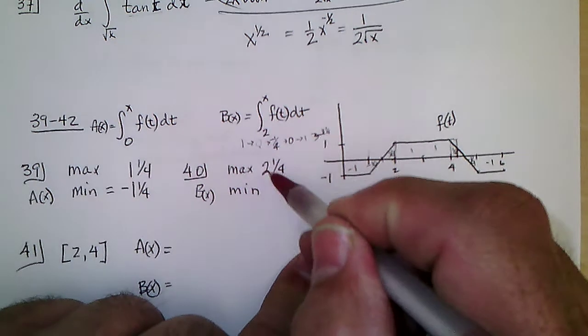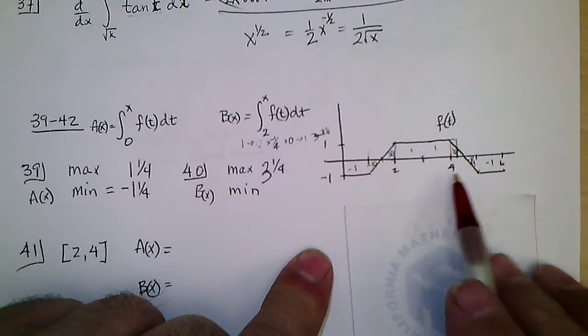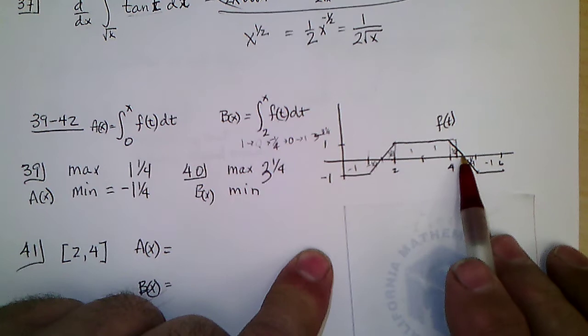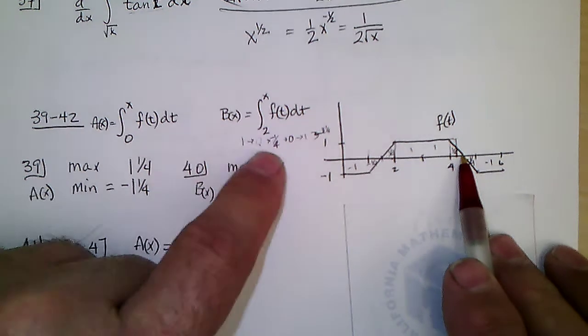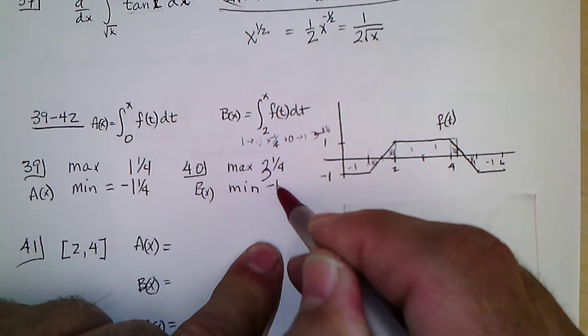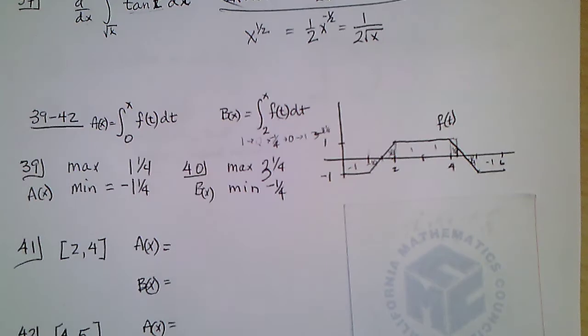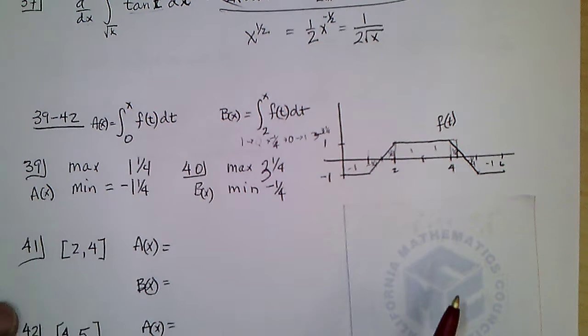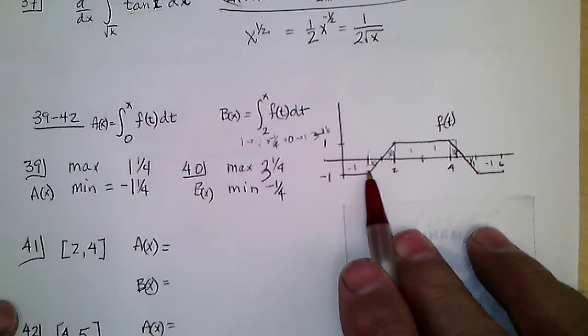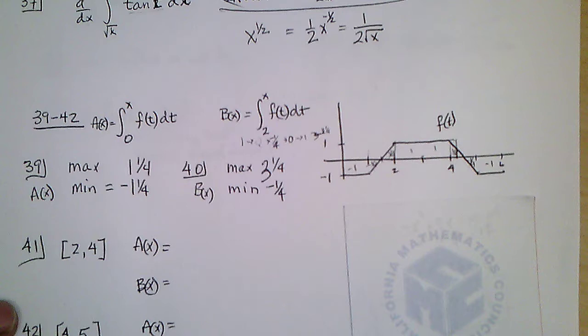So it's 3 1/4, and the minimum, our low spot, was -1/4 right here. Okay.